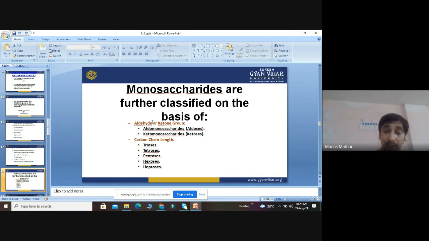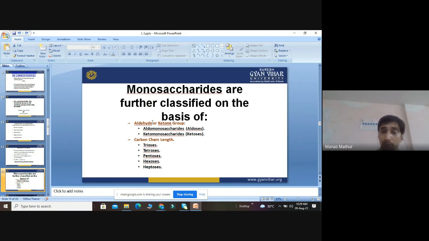Then depending upon the length of the carbon chain, they are also further classified. If there is a 3 carbon chain, we call it triose. Tetrose means 4, pentose means 5, hexose means 6, heptose means 7. So on the basis of functional group and carbon chain, we can easily identify the monosaccharide.